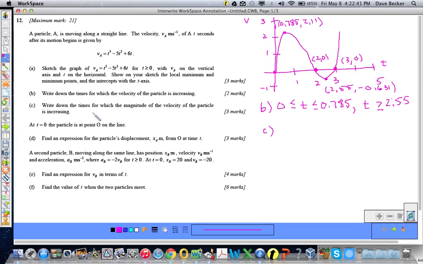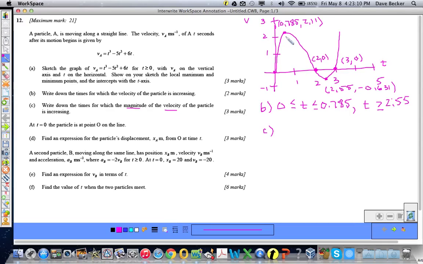Part C: write down the times for which the magnitude of the velocity of the particle is increasing. Okay, so when is the magnitude actually increasing? Well, that occurs when the acceleration and the velocity are working together. Remember, this is the graph of velocity.